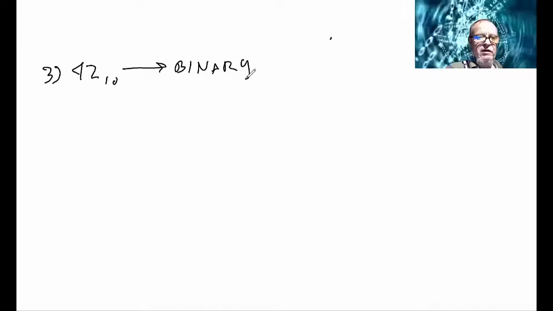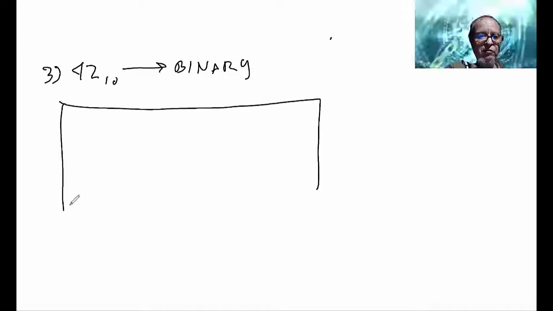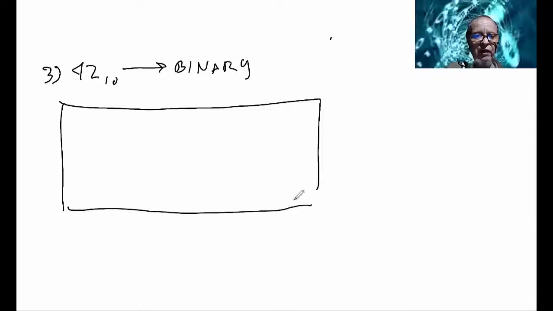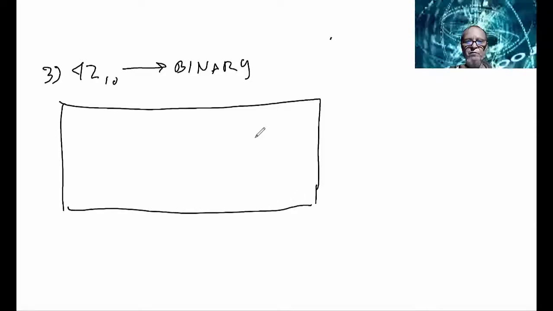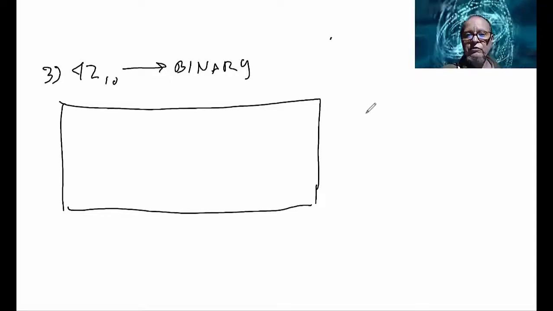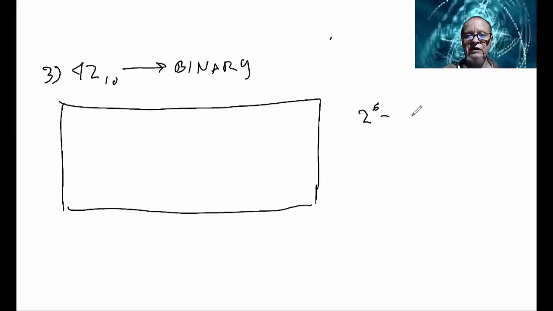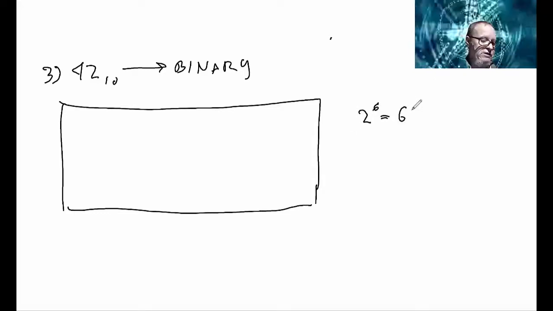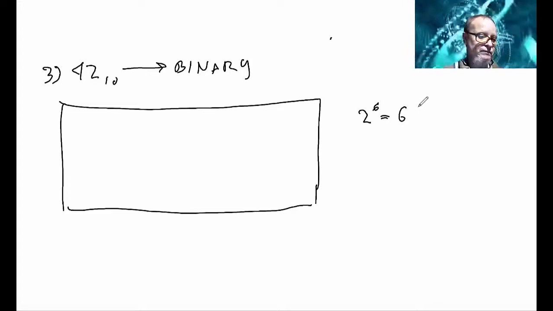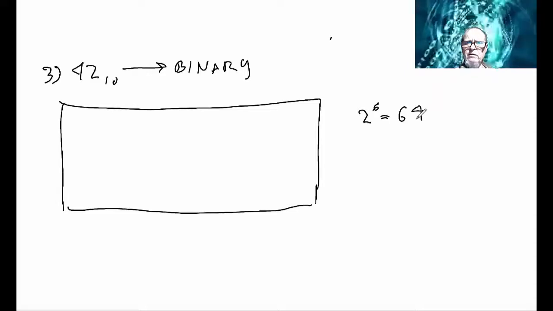So to make our binary table, we want to figure out how far we have to go. Well, if we go out to 2 to the 6th, we find that 2 to the 6th is 64. And we see, well, that's too high.